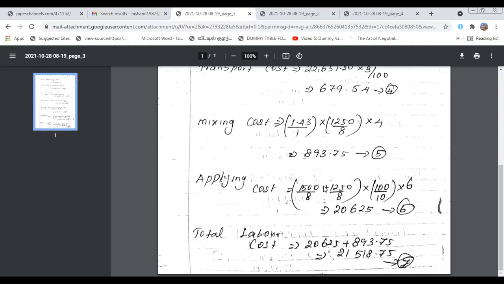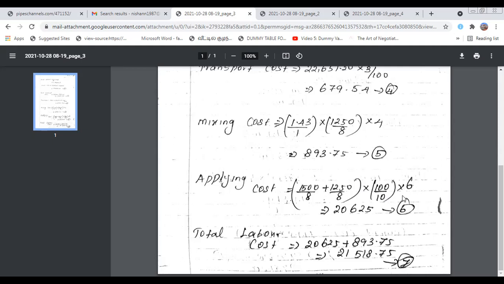Second thing, the applying cost. One skilled labor and one unskilled labor can apply 10 meter square in 6 hours. We want it for the 100 meter square. So 1,500 divided by 8 plus 1,250 divided by 8 is the 1 hour cost for the skilled and unskilled labor, multiplied by 6 for 10 meters square.